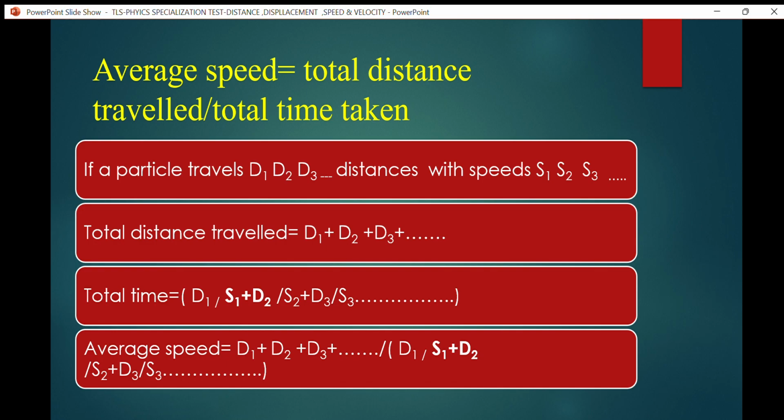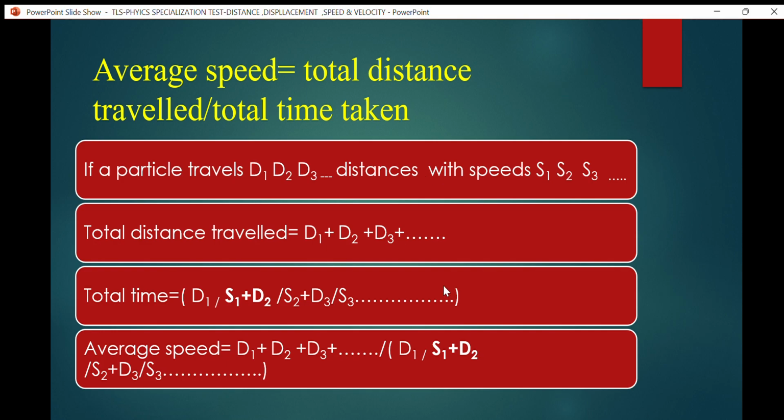And total time, you know, time is equal to what? You know that it is distance by speed. So you will get the time. Total time will be d1 by s1 plus d2 by s2 plus d3 by s3, like this. So average speed, you can calculate as total distance by total time taken.